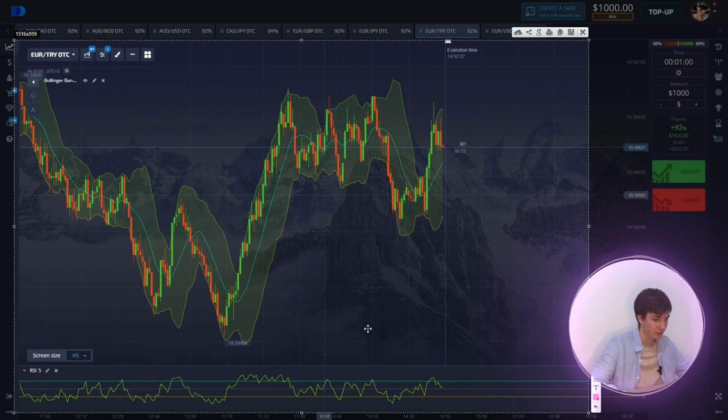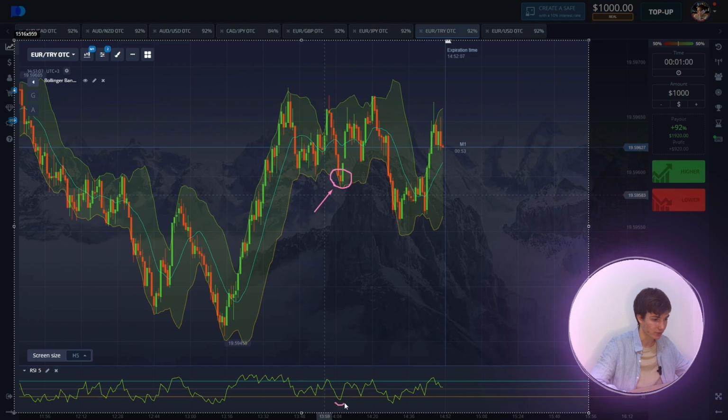We are gonna look at the RSI and Bollinger Bands. So look, when there is the touch of the lower boundary of the channel. Now we consider the situation when opening a long. So the touch of the lower boundary of the channel is gonna be the first signal.